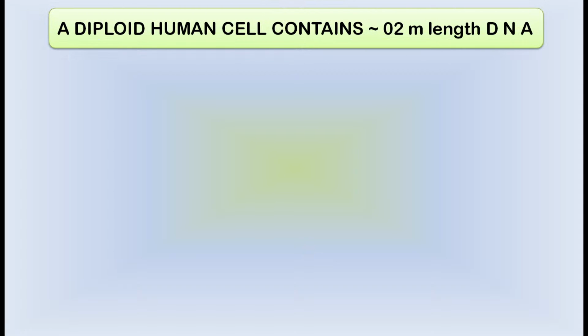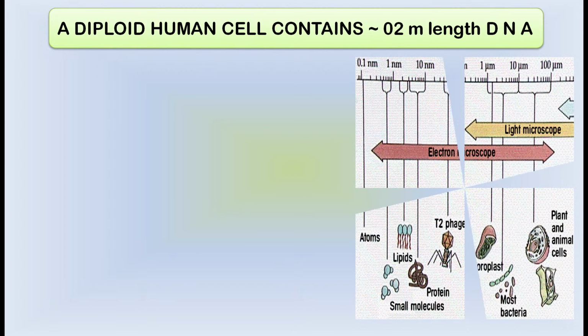A diploid human cell contains 2 meters length of DNA. If you take an adult human cell, which is in diploid condition, each individual cell contains DNA of length 2 meters.